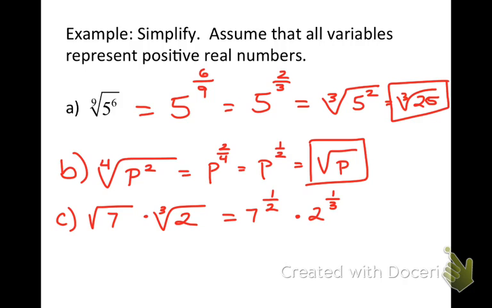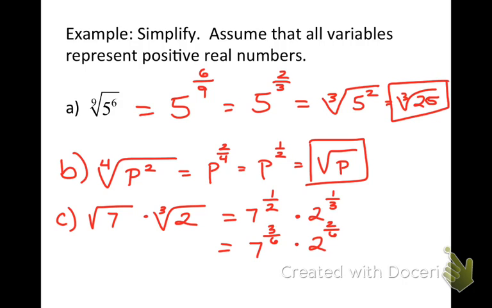Yeah? Okay, so now let's think about this. Can I convert these fractions so that they have the same denominator? What would it be? It would be a 6th root, right? So this really is the same as 7 to the 3/6 times 2 to the 2/6.